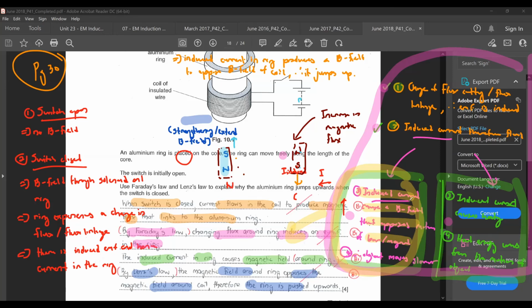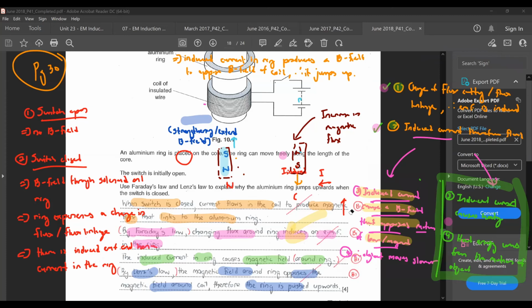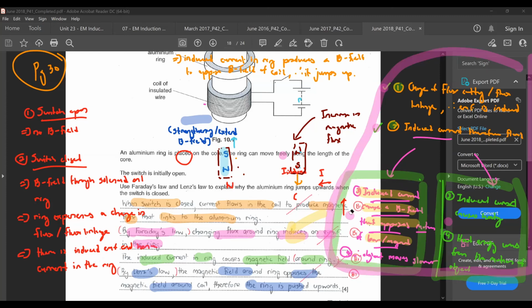You will always say induced current causes a magnetic field that opposes the motion, or in our case, opposes the magnetic field around the coil. Therefore, it starts to move outwards. Okay. So that's the common point here that you will see. If you want to use Lenz's law, it's always you saying induced current produces a magnetic field that opposes whatever it is that you're doing.